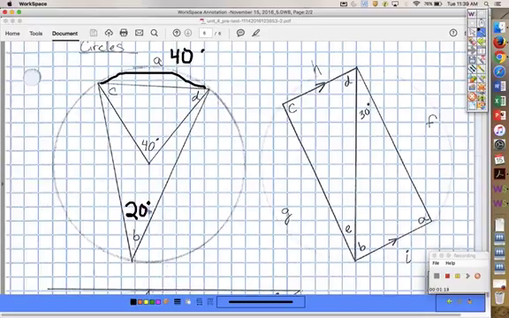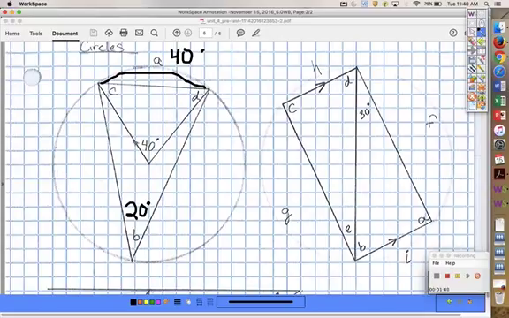This is something new. This is a good reason to watch your videos because this shows up on the test. I have C and D. C and D don't have arcs, so there's nothing I can use to say how big C and D are, except that they are living inside of a triangle. What do we know about all radiuses in a circle?